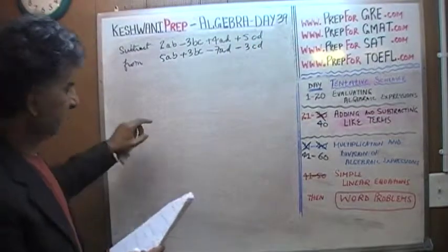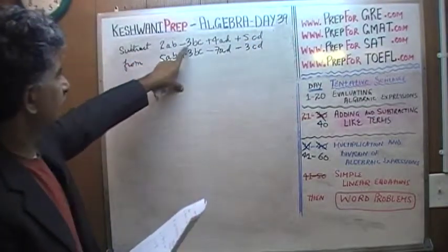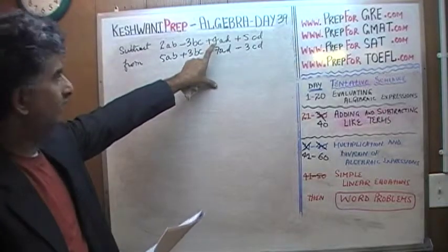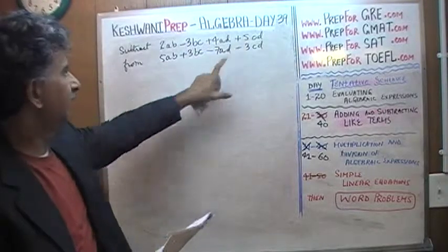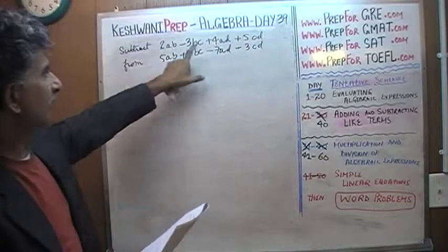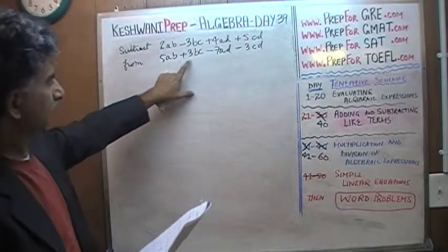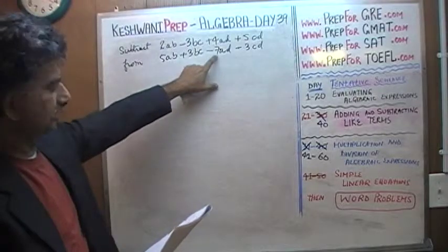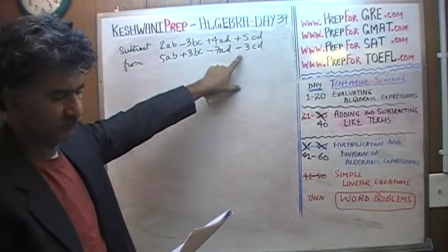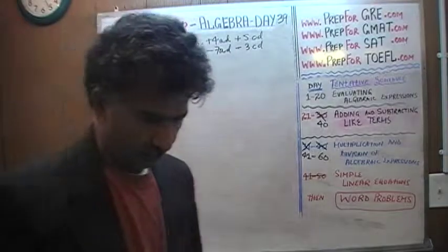Let's see if I copied it properly. 2AB minus 3BC plus 4AD plus 5CD, and we are asked to subtract that expression from 5AB plus 3BC minus 7AD minus 3CD.